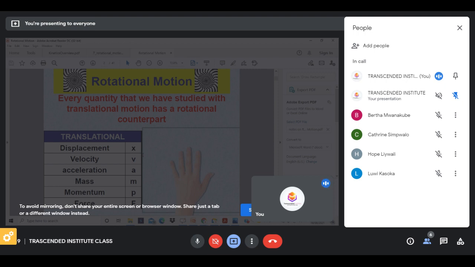Velocity v, acceleration a, mass m, momentum p, and force f. Now, if I ask you a question, what is the rotational counterpart of displacement? What do we call it under circular motion?